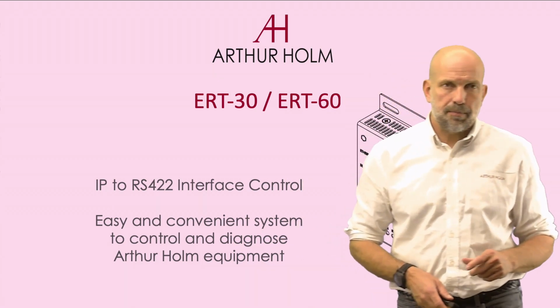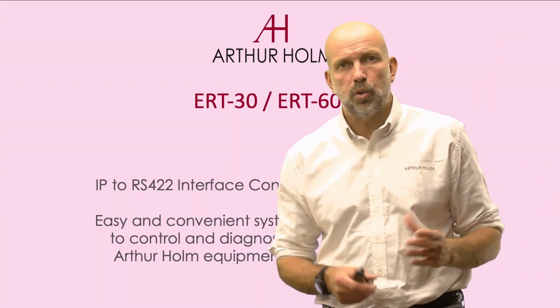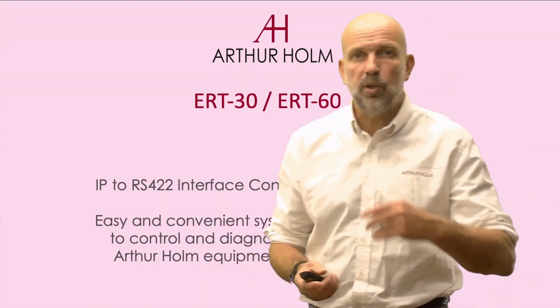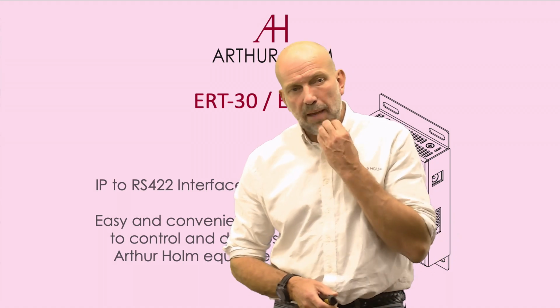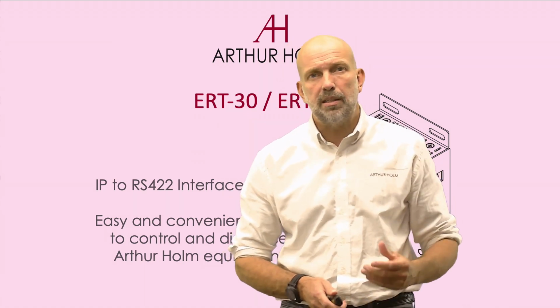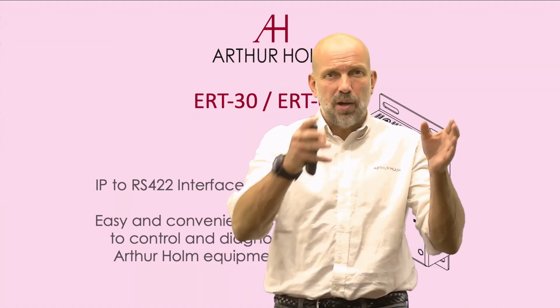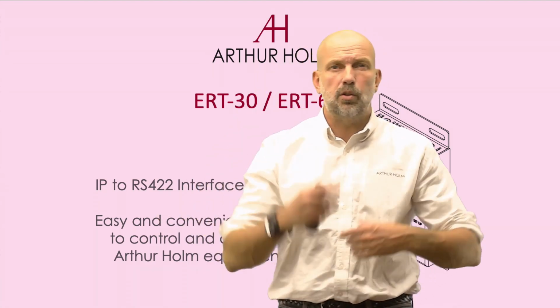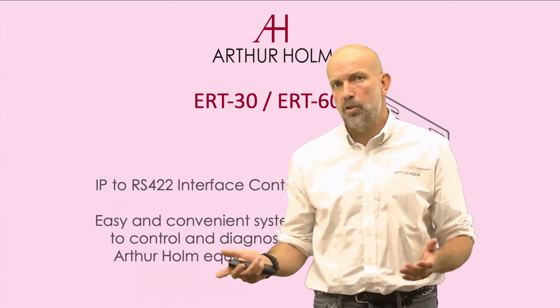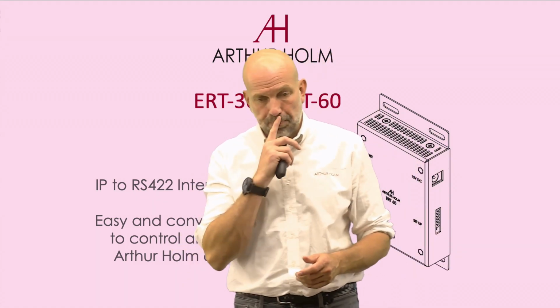So, as I said, IP to RS422 is what the ERT box does. We know that you can already do that with other products. What happens when you use the HOLM one is that it gives you the possibility to isolate all the HOLM products from the rest of your installation, your lighting, your curtains, whatever else you have on your control system.